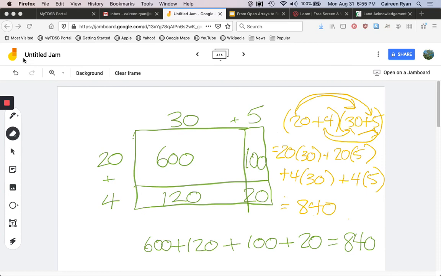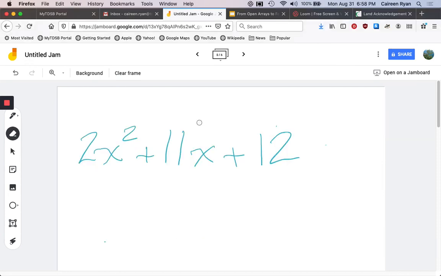two binomials. So as you know, students typically learn to factor this kind of trinomial by splitting the middle. So they say to themselves, okay, well 2 times 12, well that's 24, and I have to find two factors of 24 that add up to the coefficient of the x term. So that's got to be 8 and 3, great, and so those are the coefficients of the terms that I will split the 11x into.